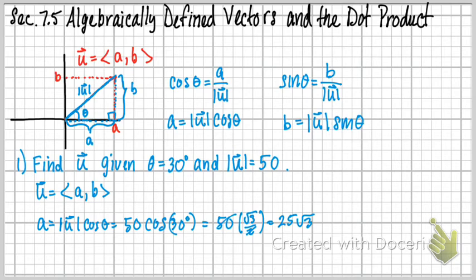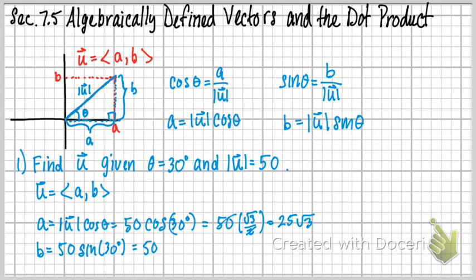Now for the B component, it's going to be 50. I'm just going to plug it in right away. The first one, I just wanted to show you everything. And then I'm going to write sine of 30 degrees. And the sine of 30, remember opposite over adjacent, opposite to 30 is the 1.